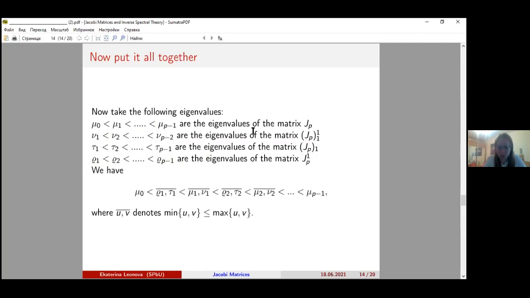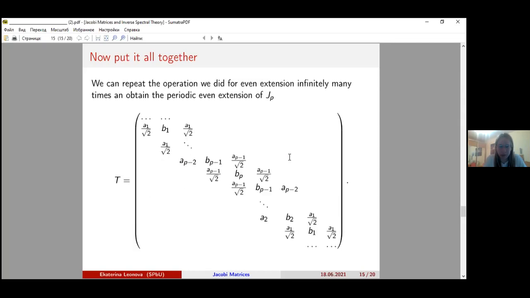So there are 2 of those. Actually, we also have this, so we kind of know how they are arranged on the line, these eigenvalues. And what we do, so we know how to build an even extension, and so it makes sense if we want to build a periodic matrix, we can build it using what we already know how to do.